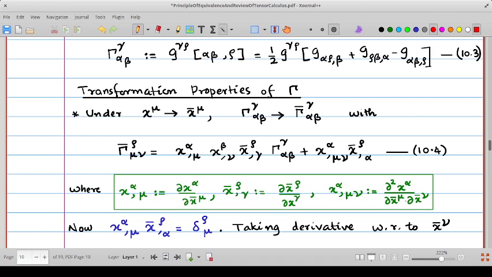Since the partial derivatives are the same if the order of the differentials is interchanged, x alpha comma mu nu is also equal to x alpha comma nu mu. Now the other kind of expression that appears in this transformation equation is x bar rho comma gamma, which is defined as the derivative of x bar rho with respect to x gamma.